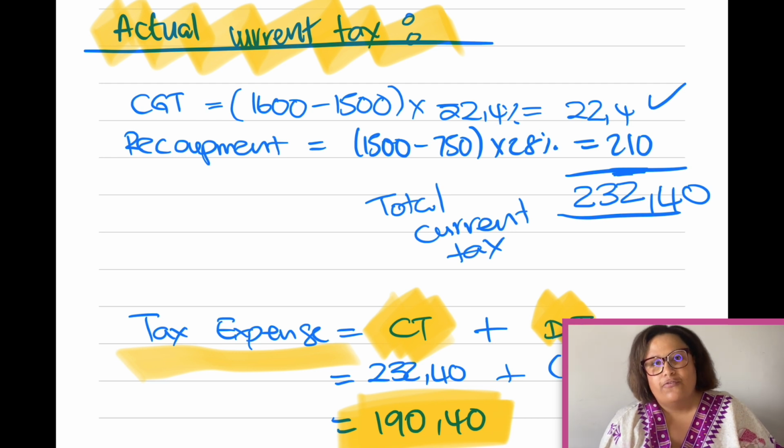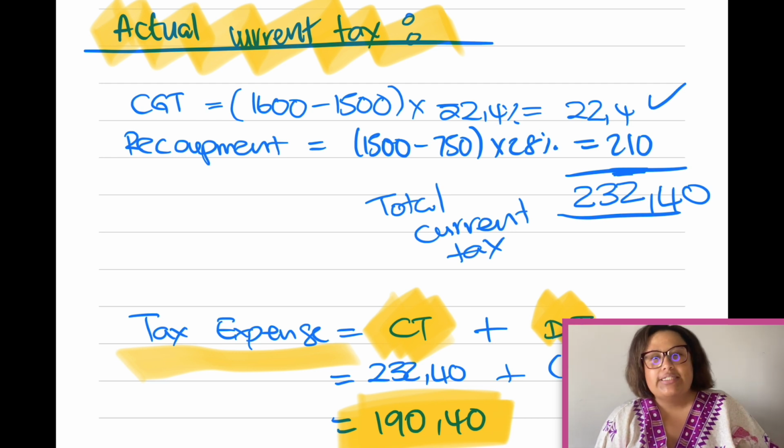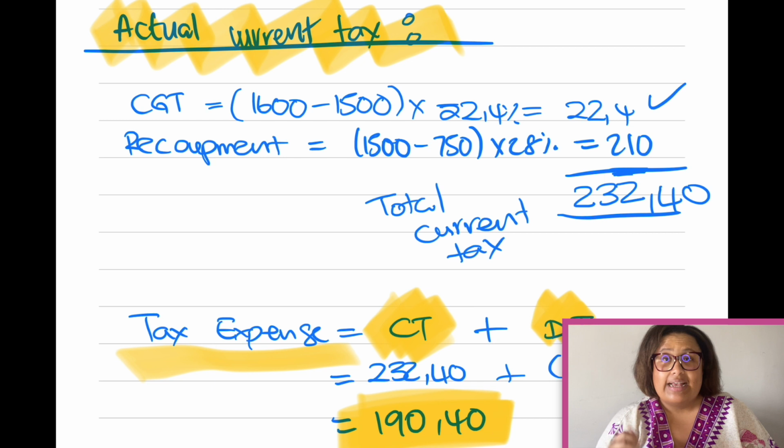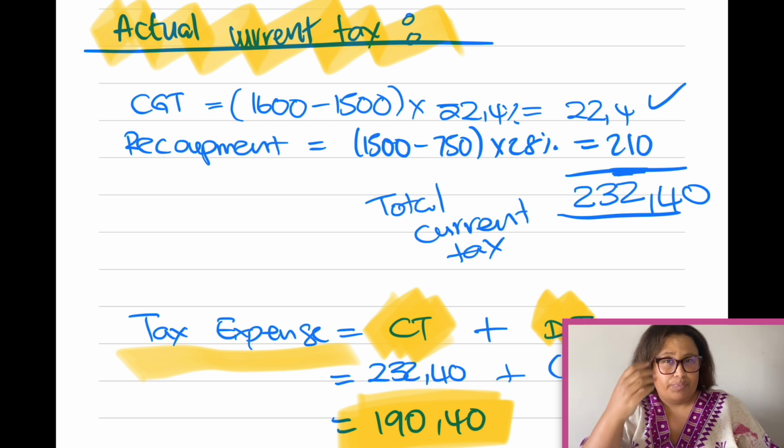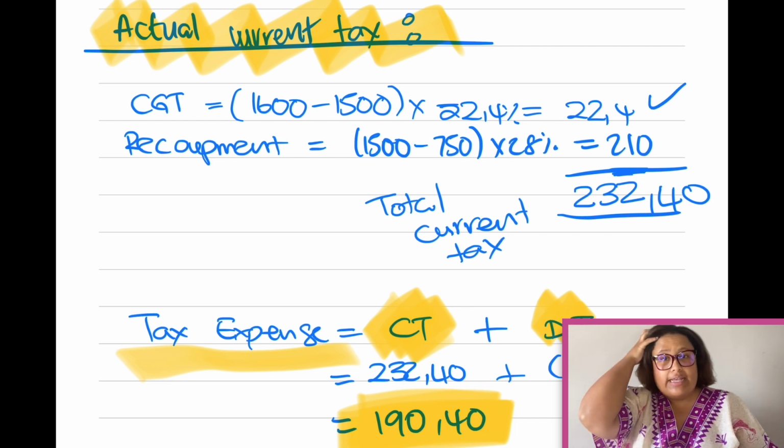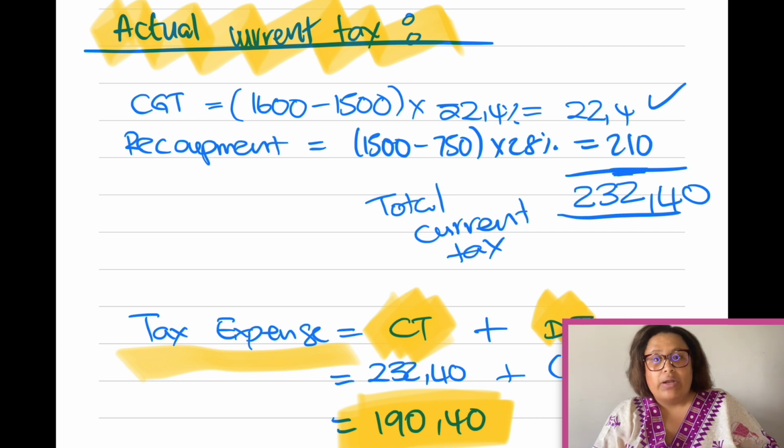And where is that deferred tax coming from? The deferred tax is coming from the fact that we've recognized a liability in the statement of financial position relating to deferred tax on this PPE. But what has now happened is that we've sold that item of PPE.